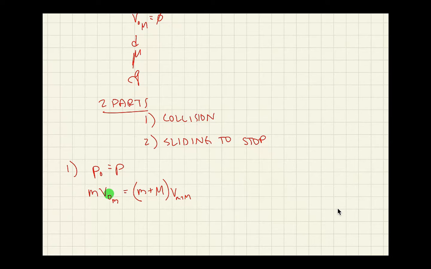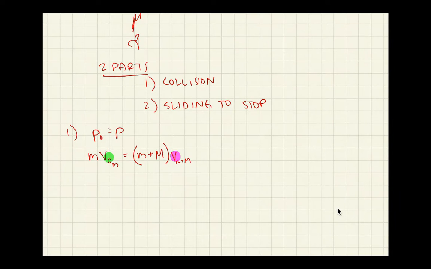Looking at this, v naught m is what I'm trying to solve for. And I know my given values are the masses. So ultimately here, I'm looking for what this final velocity is. As soon as I know that final velocity, I'll be able to solve for the initial velocity of the clay.